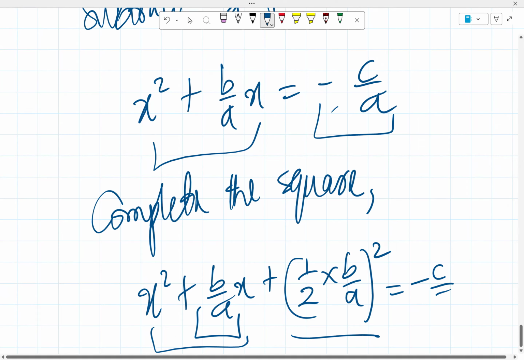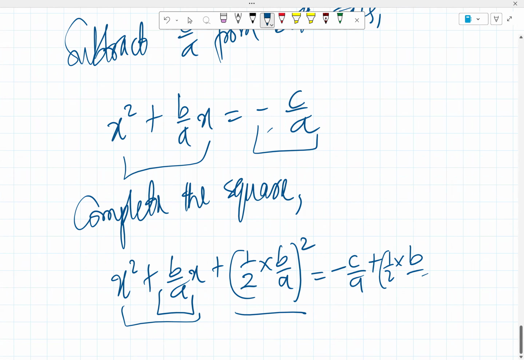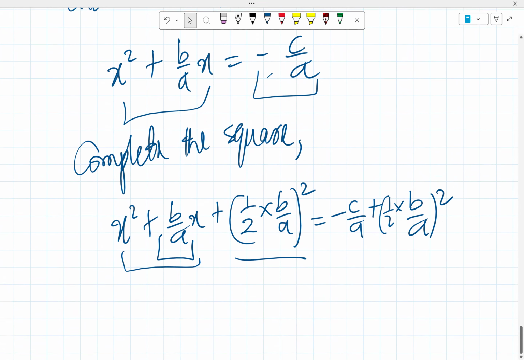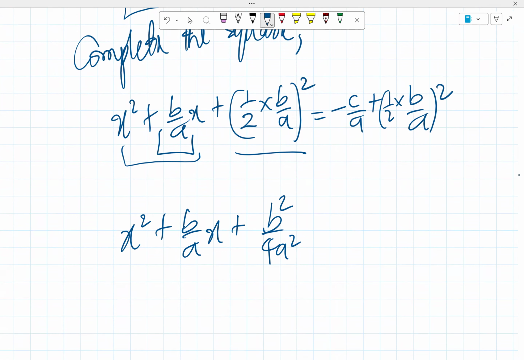So you have minus c over a again, plus half times b over a, all squared. Now you have x squared plus b over a x plus b squared over 4a squared, equals minus c over a plus b squared over 4a squared.